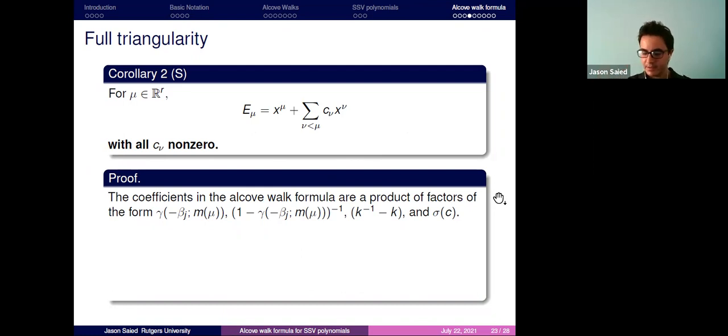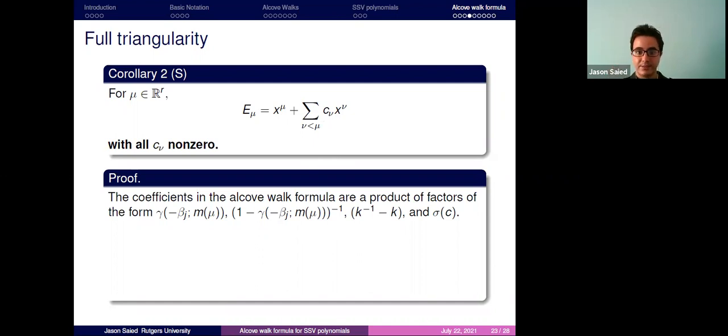But so the idea here is that in our Alcove walk formula, of course, all of these terms are going to show up. But possibly there's some cancellation. Possibly when we add things together, you'll lose some of these terms. But it turns out that if we specialize our parameters appropriately, then all the coefficients are going to be strictly positive. So no cancellation is possible.